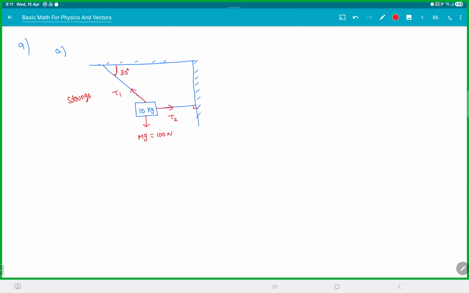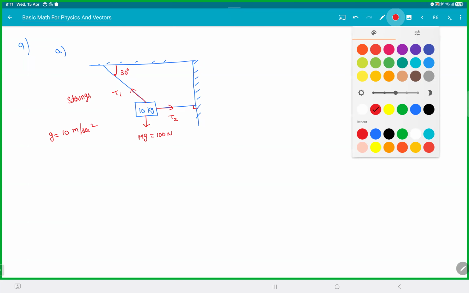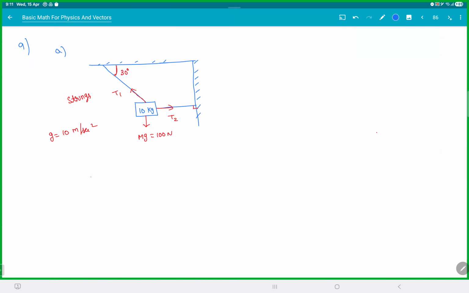So we are going to take g as equal to 10. If they don't mention anything, take g as 10. So this block is hanging between the two walls at rest. T1 and T2 are the tensions in the string. The block is at rest. Find T1, T2.